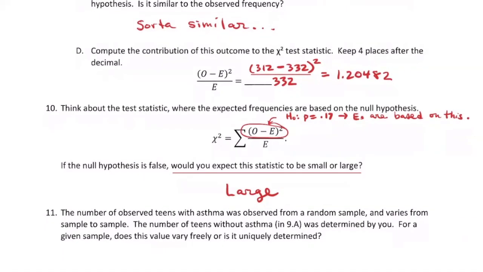Because H0 false results in a large test statistic, this means this will always be a right tail test.